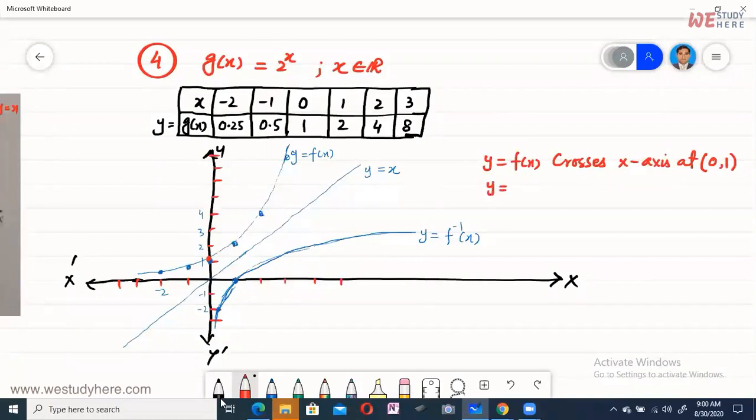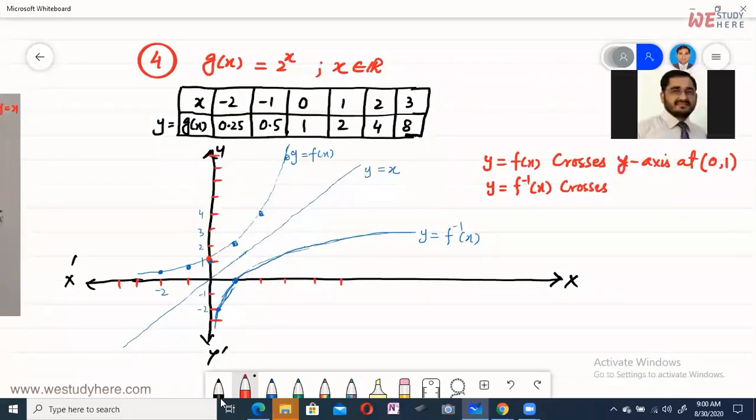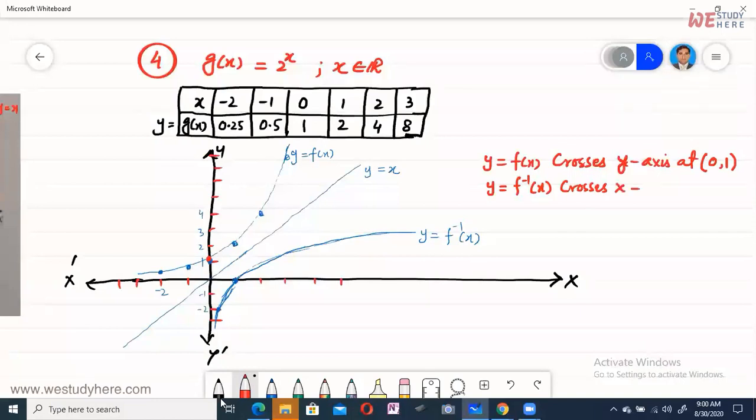And the curve y is equal to f inverse of x crosses the x-axis at this point, where x coordinate is 1 and y coordinate is 0, at 1, 0.